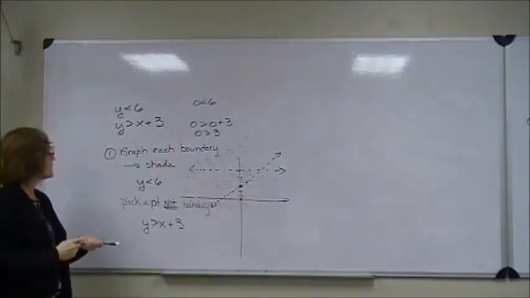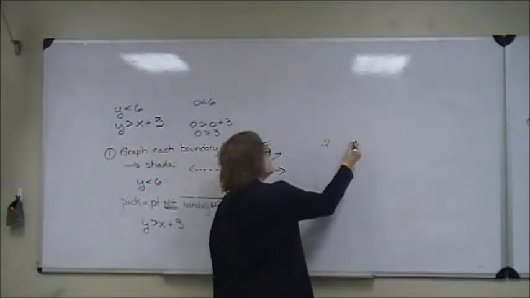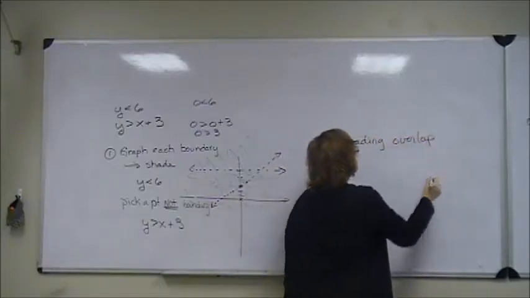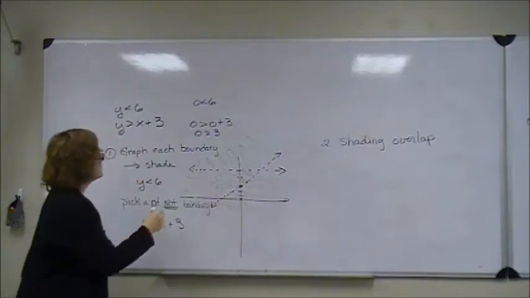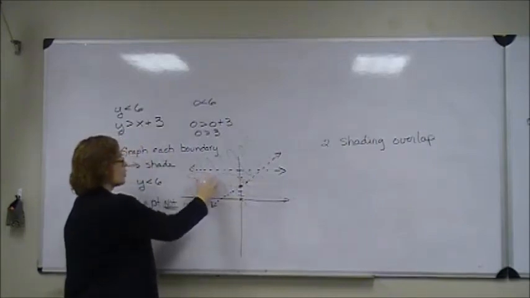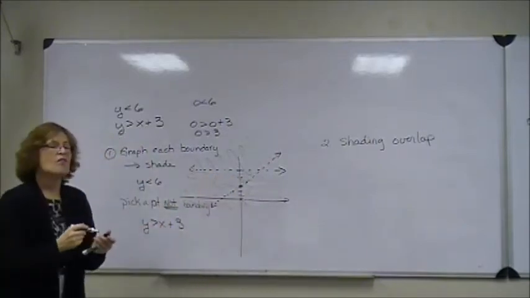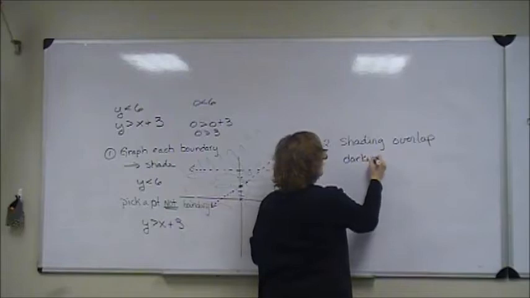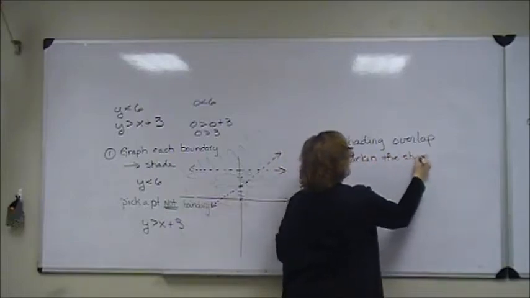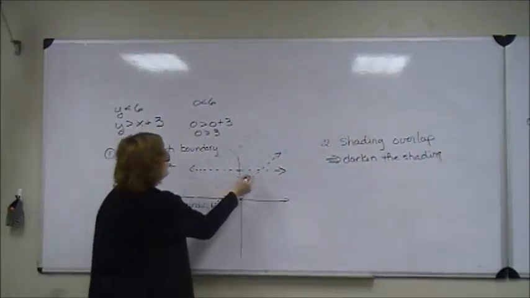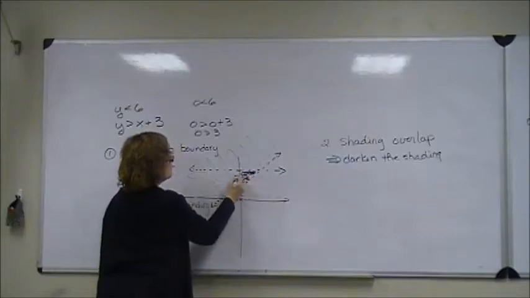That's what I've done. Well, step 2 is where do the shadings overlap? Well, where the shading overlaps is in between this line and that line because I have orange and green going together. So I might darken that shading in that area, because that's where they overlap.